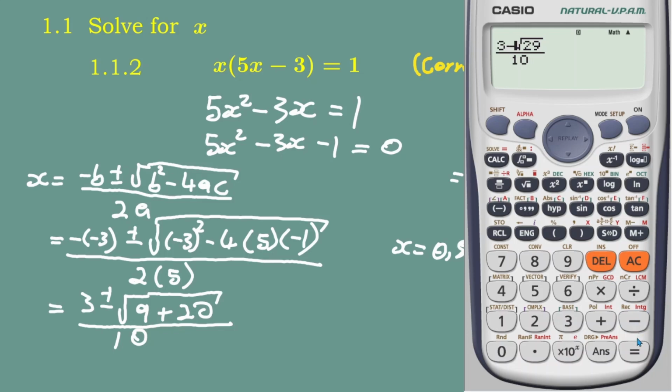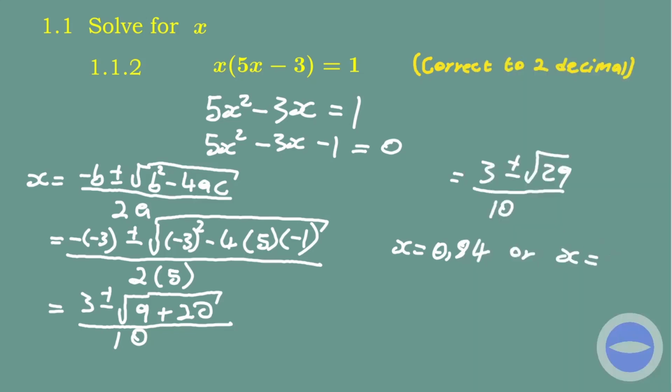When I put negative, I have a negative 0.23. So let me remove this calculator here because my system cannot function when the calculator is here. Negative 0.24. x equals negative 0.24.